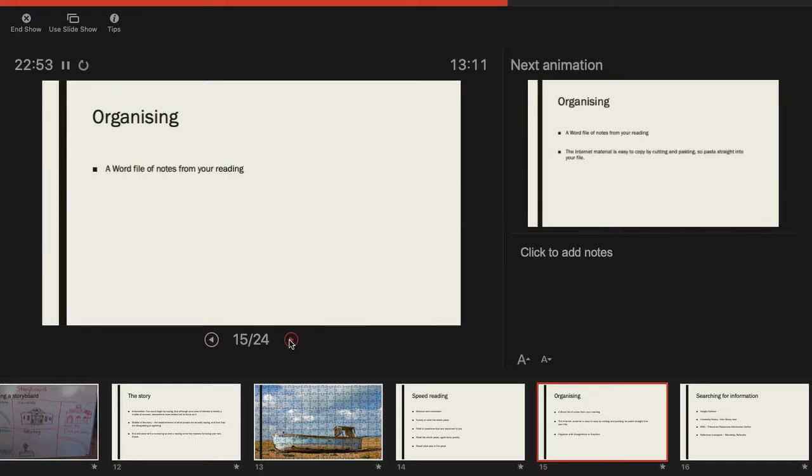So organizing is very important with regards to your literature review and your research project in general. It's quite important for you to make notes of your reading, so you can use a Word document, and if you have the electronic article, book chapter or book available, you could easily just copy and paste some of the key or important concepts or text onto this Word document.